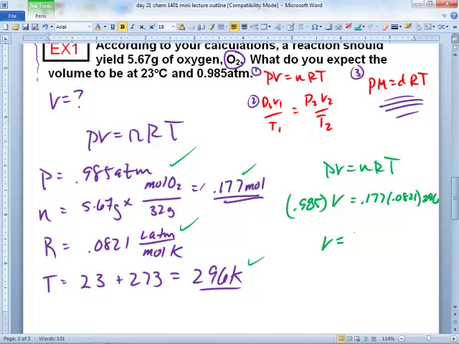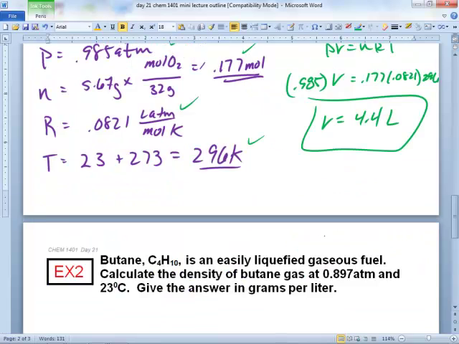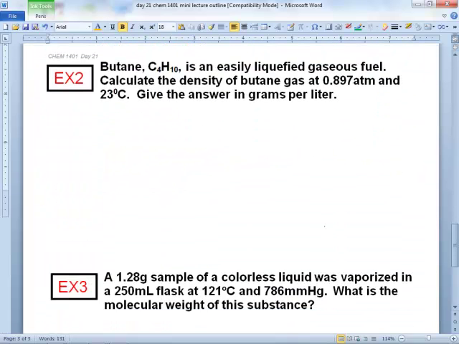Divide that by the 0.985. About 4.4 or so. And you're going to get docked points if you put the wrong units on. It's got to be what? Liters. Good. So read the question, see what the variable is, and then choose the equation. Seems to be easier, but may not always work, but at least it's a good starting point.